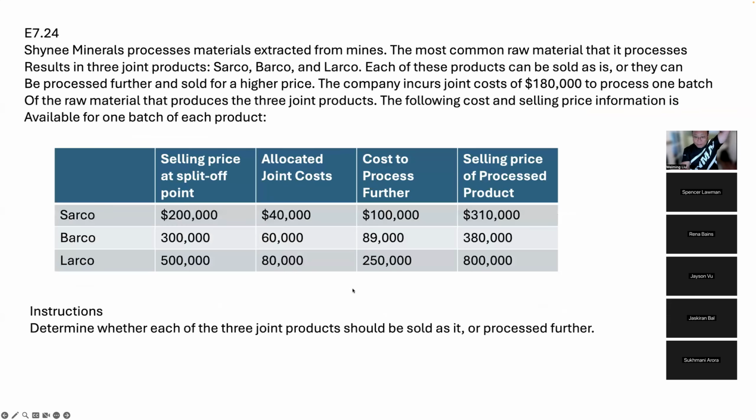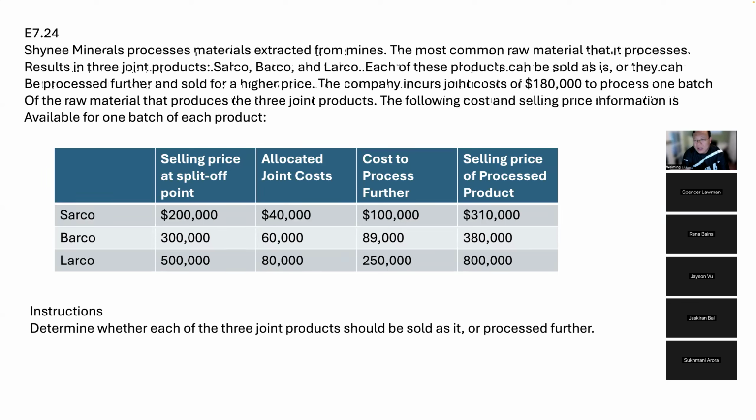Okay. So the next question is about whether to process it further. In this question, Shini Minerals processes materials extracted from a mine. The most common raw materials that it processes result in 3 joint products: stucco, backroll, and lacquer.